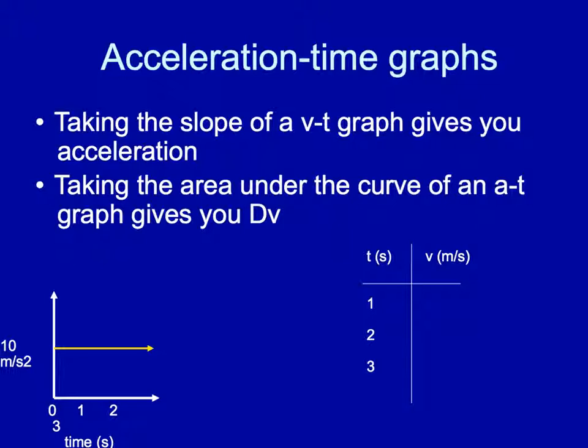If I look at this area right here, I'm changing 10 meters per second, 10 times 1, so my change in speed is 10 meters per second. If I look at this whole area, my change in velocity is 10 times 2, or 20 meters per second. You're not asked to do that a lot. Velocity time graphs are the best ones in the world.